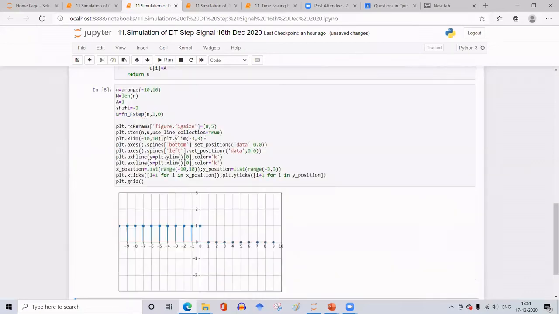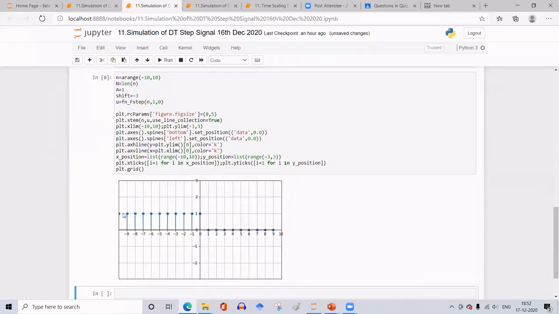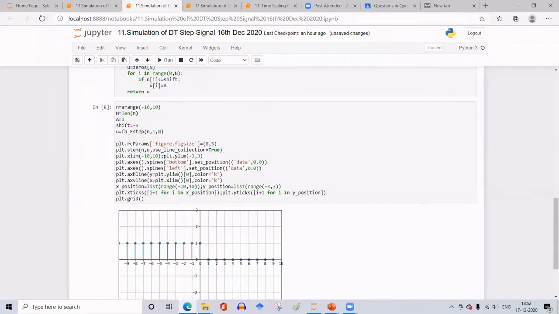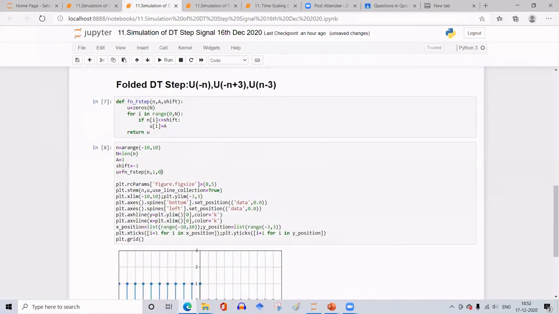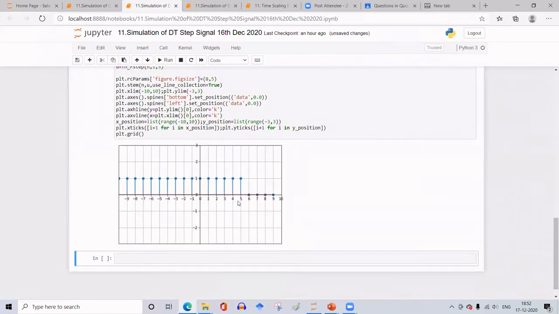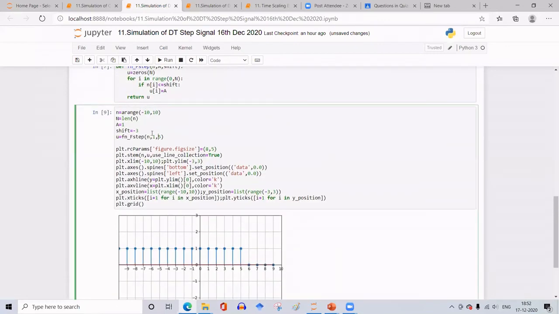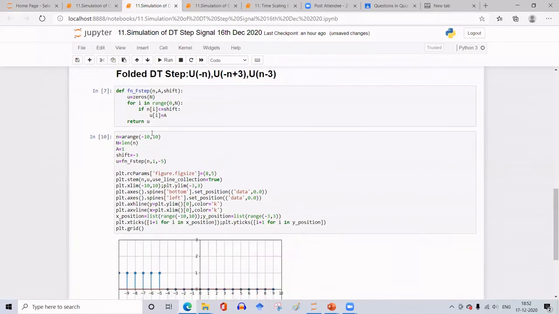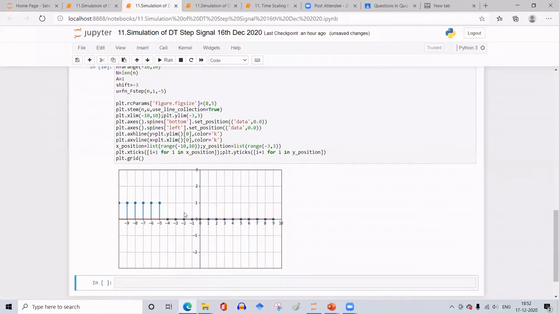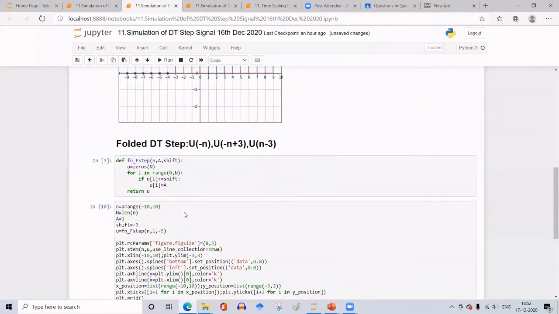So you get a folded step signal, which is to the left of the y-axis. And you can change the shift. So I'll change it to +5. That will shift it to the right by 5 units. If I make it -5, it will shift it to the left by 5 units. Is this clear? Step signal generation, discrete time.